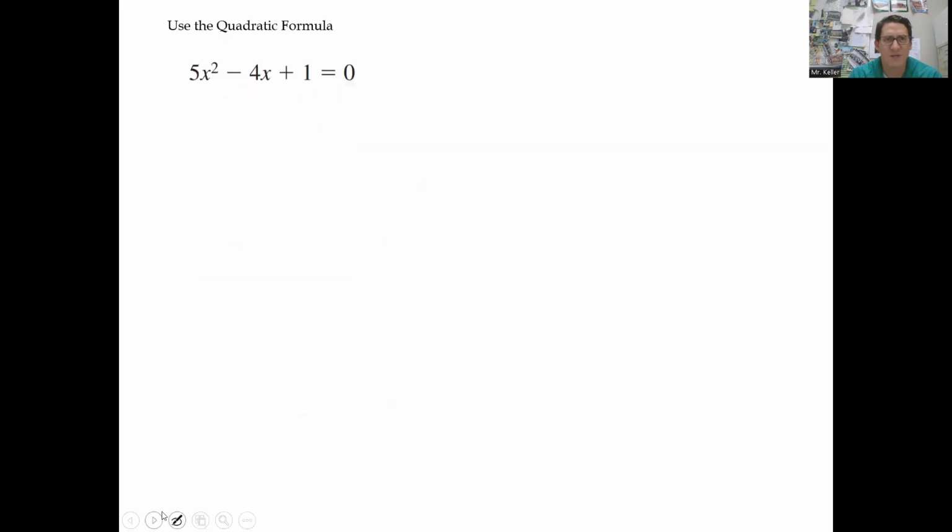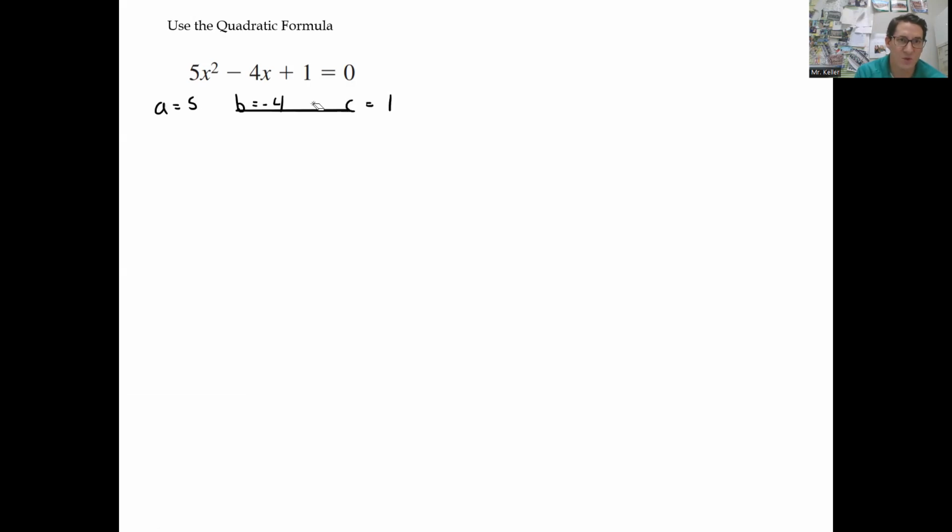We're going to move on to an example of using the quadratic formula. First thing you want to do when using the quadratic formula is make sure it is in the correct standard form: x squared, x, no x. Get it all in the correct form. Here, 5x squared, the a value is 5, the b value is -4, c is +1.